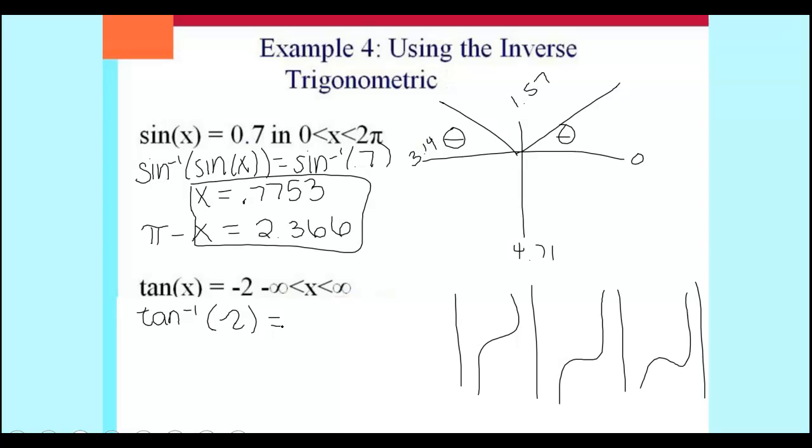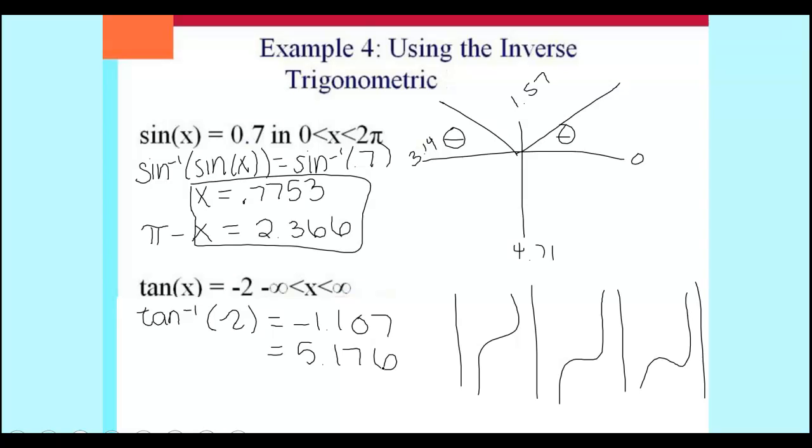And it happens at -1.107. To figure out where that is on our unit circle, you add 2 pi to that number. So you get 5.176.